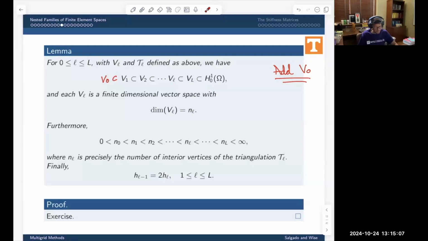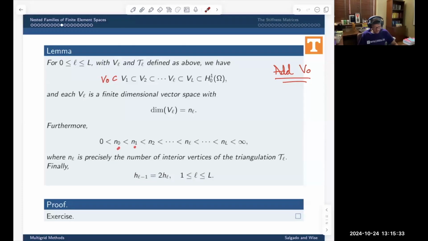In fact, what we can show by knowing the size of the bases is that the dimension of each one of these spaces is exactly the number of interior vertices, N_L. Furthermore, it's easy enough to see that N_L has this nested structure because we're adding nodes to create the next finer level.